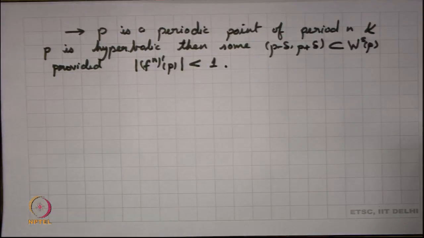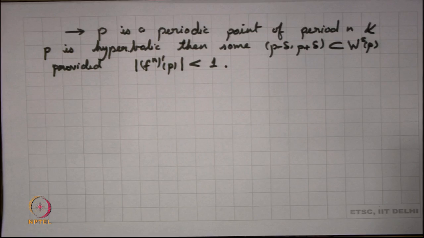So, if I have a hyperbolic periodic point such that the modulus of its derivative of f^n is less than 1, then for such periodic points also the stable set contains an open set.